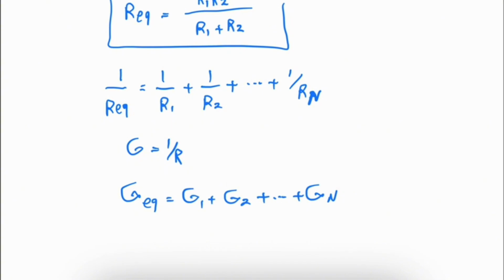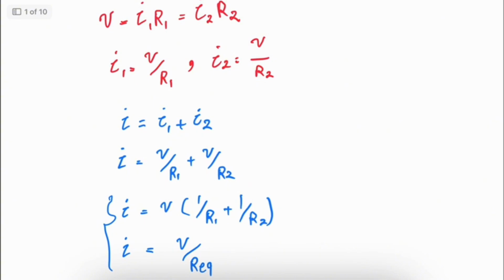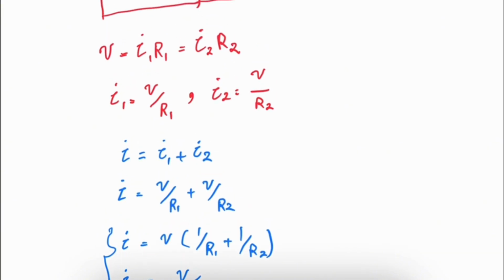Now let's find how the current divides between the resistors. We already know that the total current was I, which is equal to I1 plus I2.